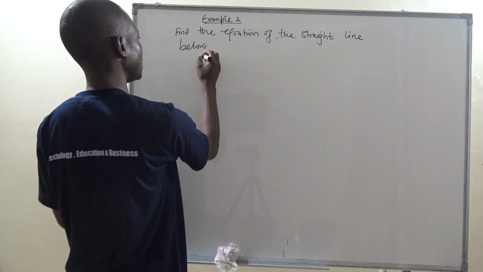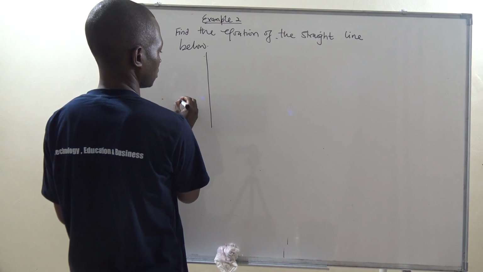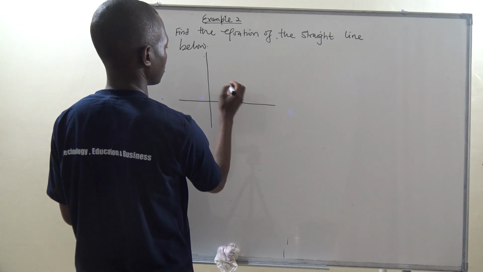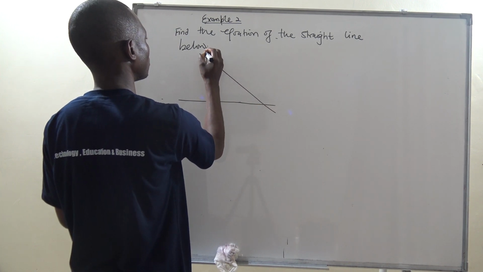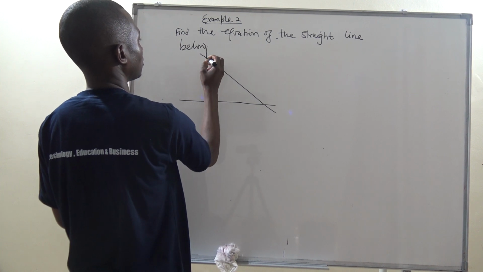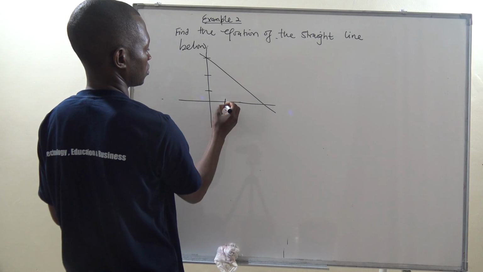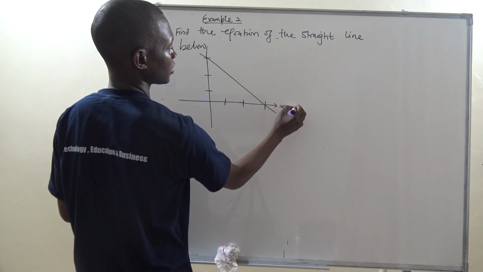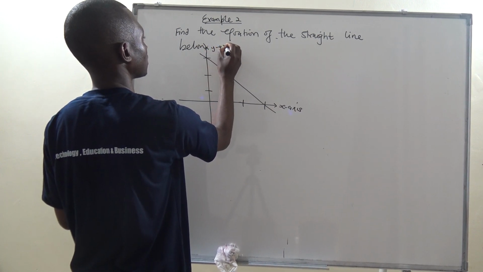There is a certain diagram here. The equation of the straight line below. This one is the x-axis and this one is the y-axis.